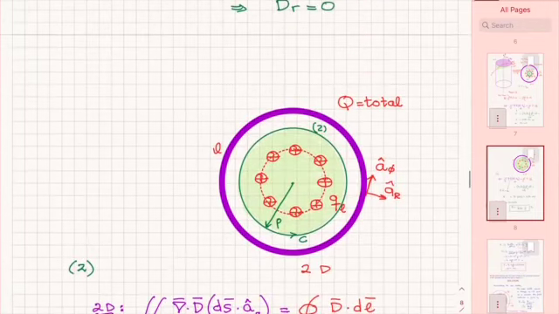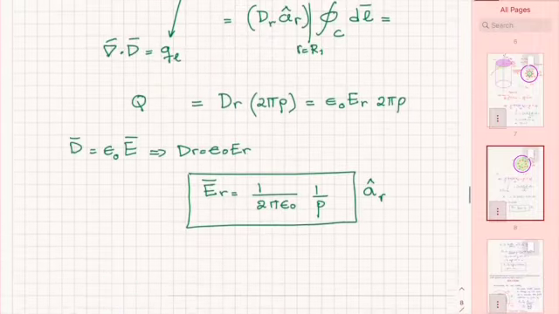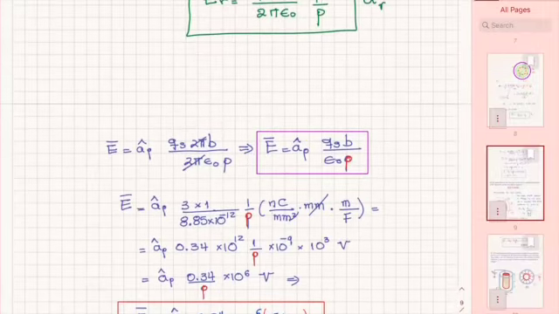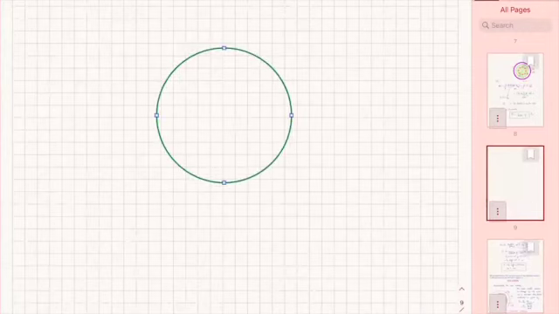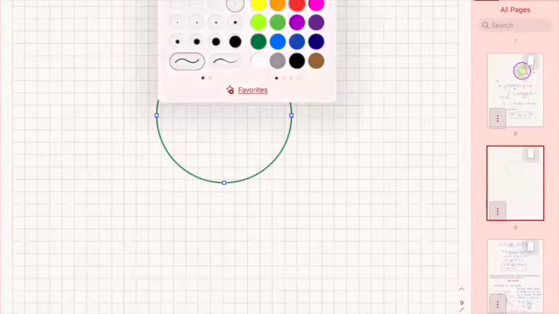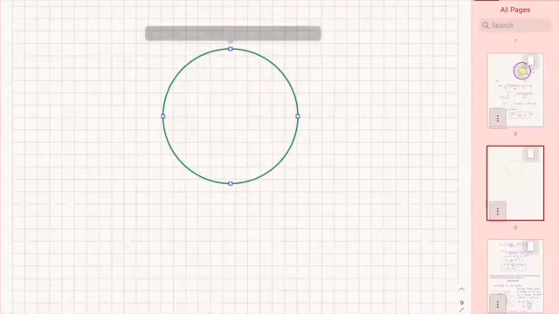So the electric field here is going to be 0 inside. It's like inside there is nothing. So the electric field, if I were to redo it here, will be the outside, the charges here on this.